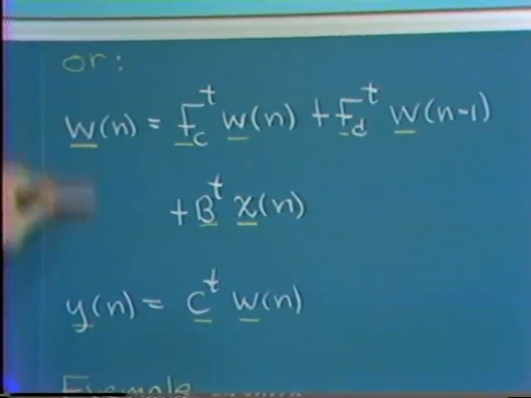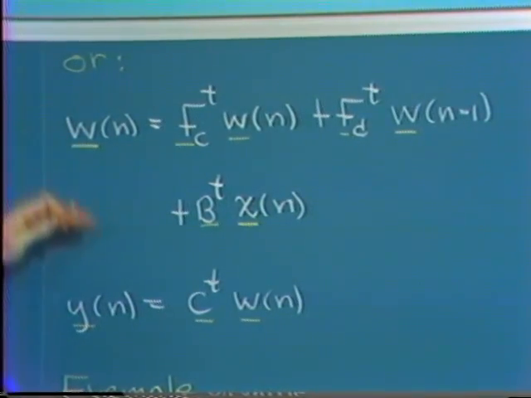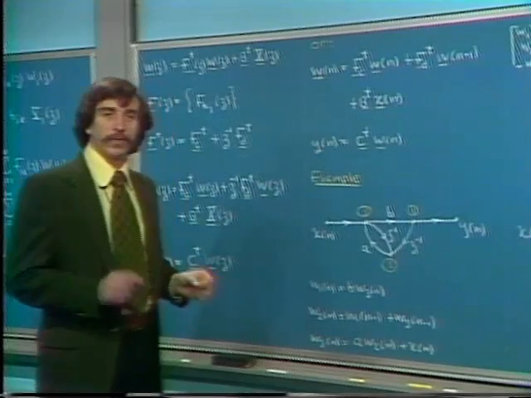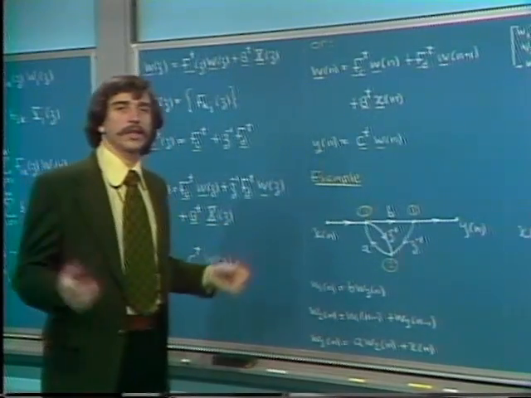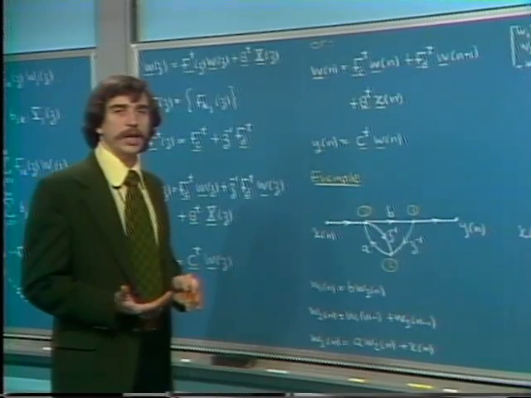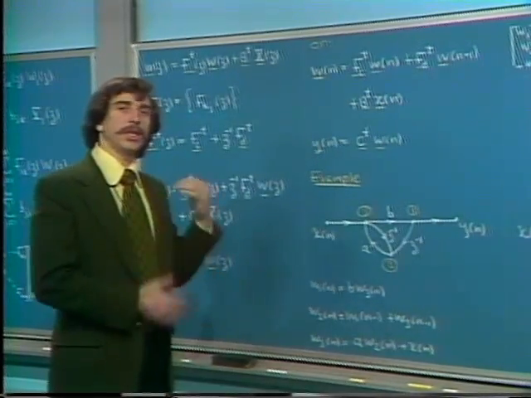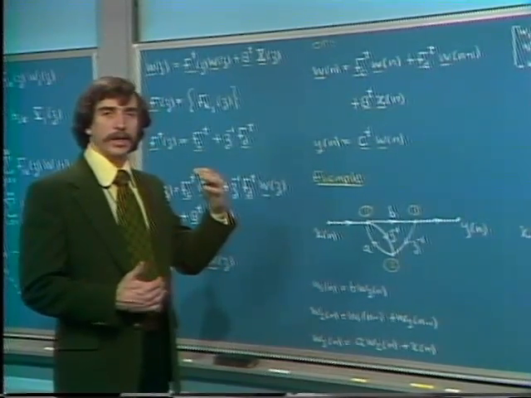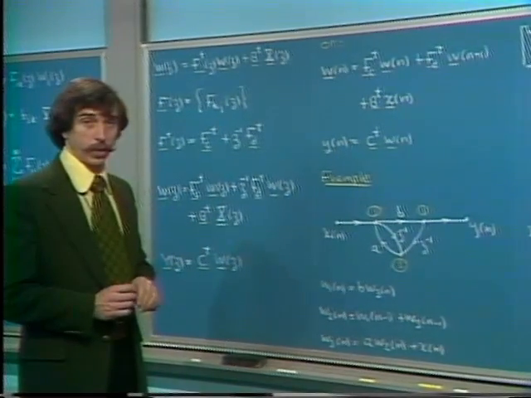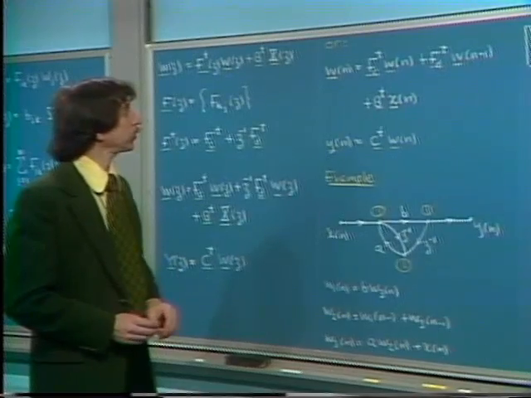But if you look at this, what this corresponds to, of course, is a set of first-order difference equations, so that essentially what we've done, starting from our nth-order linear constant coefficient difference equation through the signal flow graph representation, is decompose that into a set of first-order linear constant coefficient difference equations, of course all of them coupled.